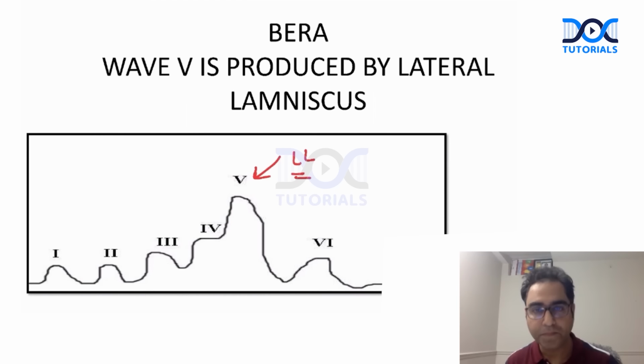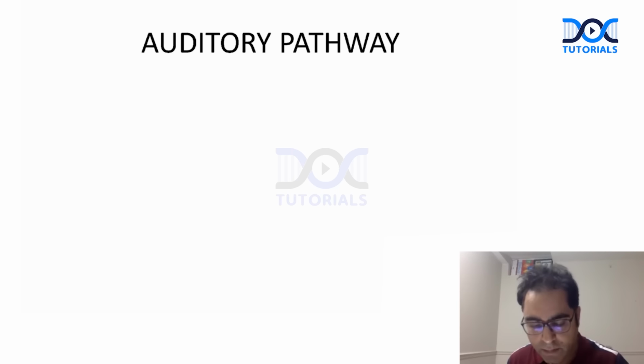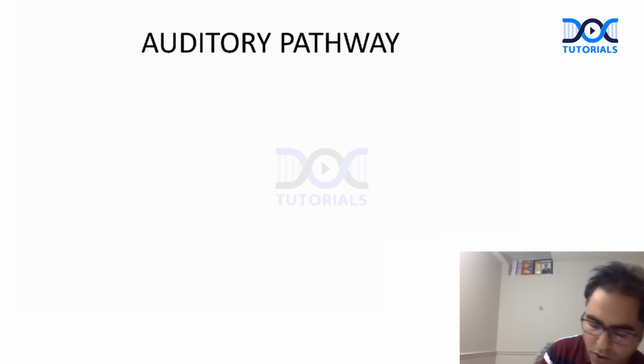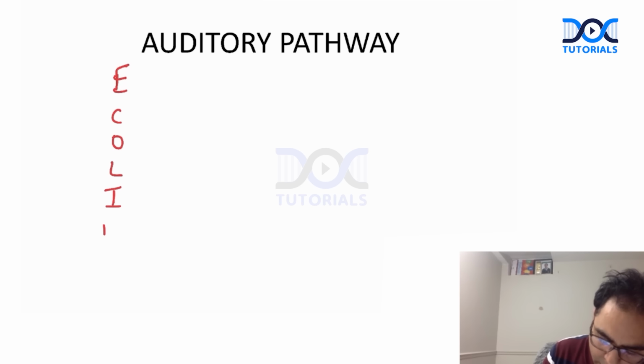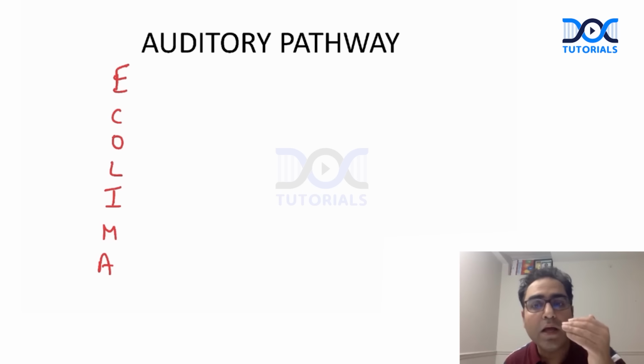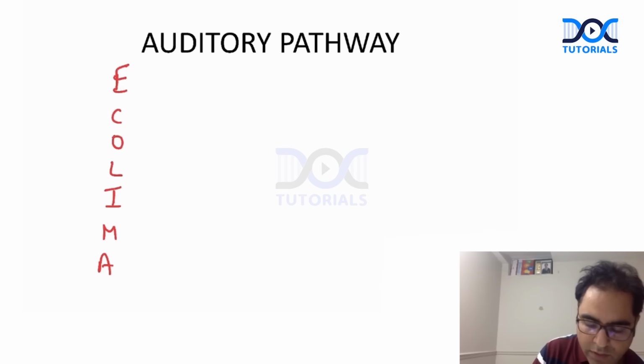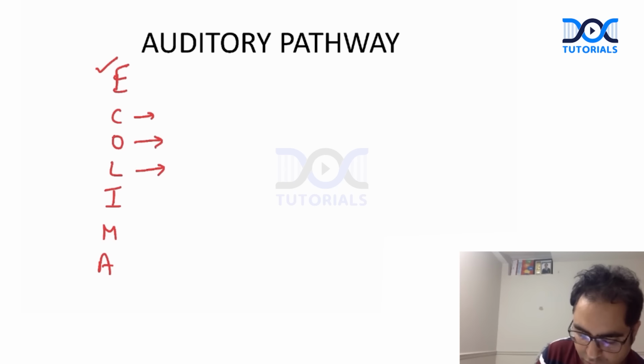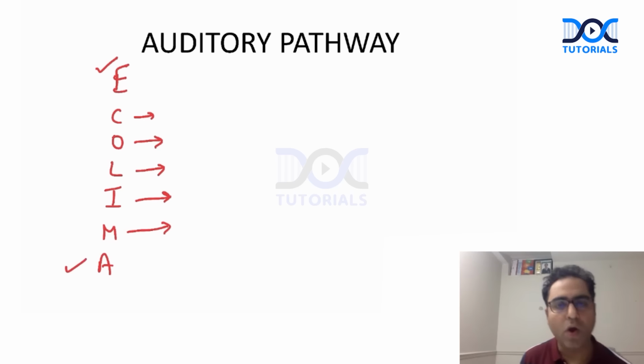Okay, fine. Guys, the auditory pathway is an important question. The mnemonic for the auditory pathway is E-COLIMA. The auditory pathway lies in the brainstem area for the majority. E for 8th nerve, C for cochlear nucleus, O for superior olivary complex, L for lateral lemniscus, I for inferior colliculus, M for medial geniculate body, and A for auditory cortex.